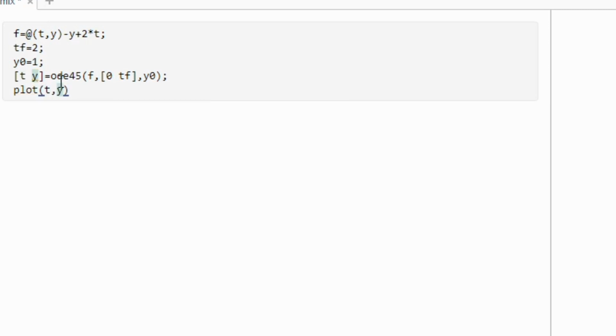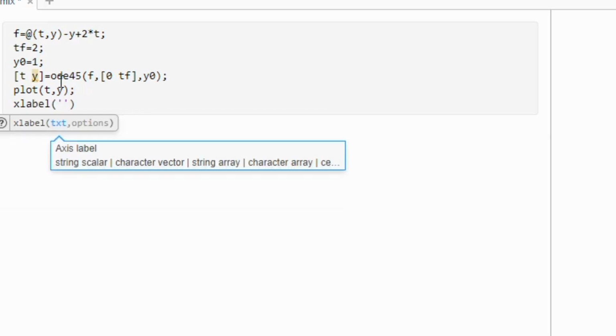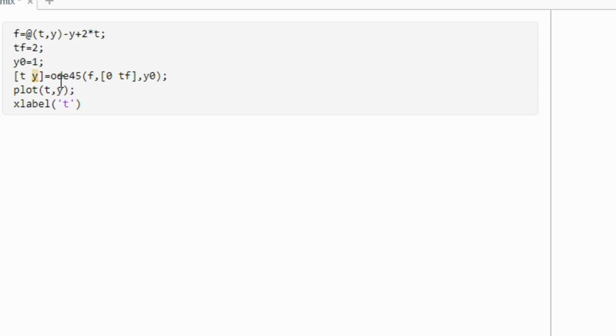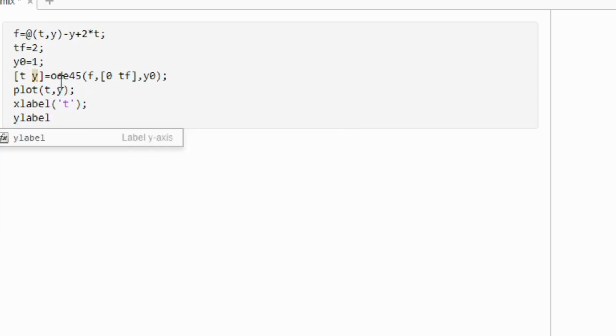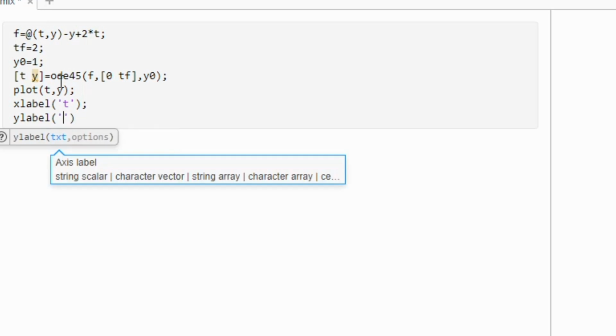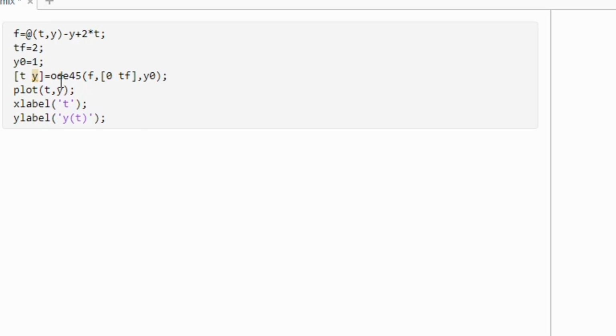Inside the parenthesis you will write t comma y semicolon, and xlabel. Inside the parenthesis with the double quotation marks you will write t, and ylabel, inside the parenthesis you will write with double quotation marks y of t. Yes, this is y of t. And now semicolon.